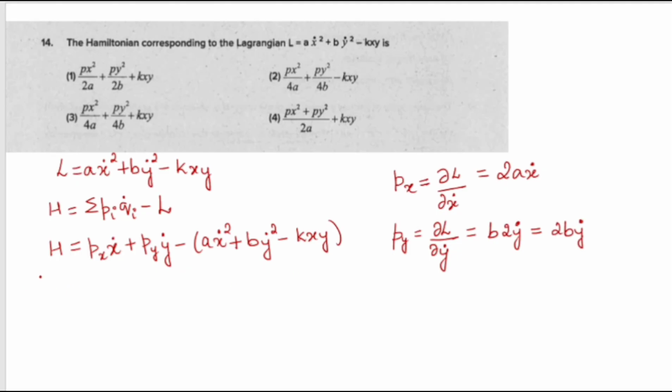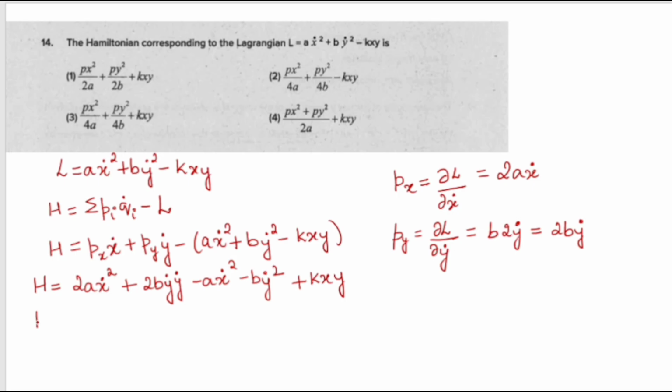On substituting in H, p_x is 2a x dot into x dot, it will be 2a x dot square, plus p_y is 2b y dot into y dot, it will be 2b y dot square, minus of a x dot square plus b y dot square, and minus of minus k x y will be plus k x y.